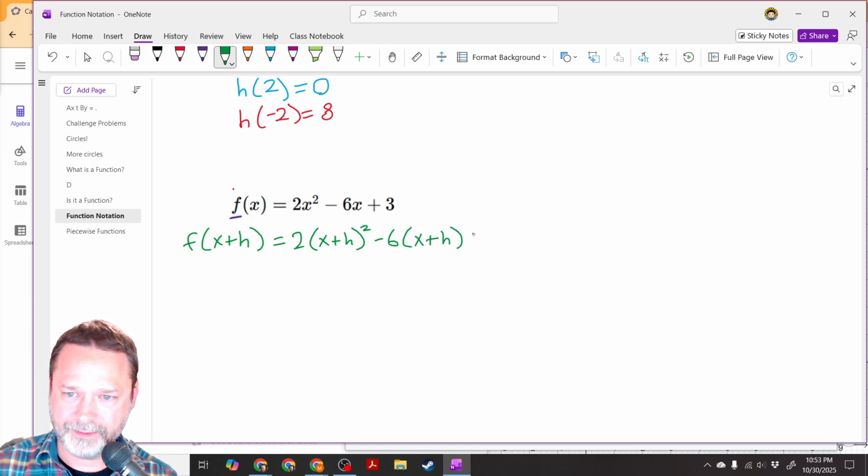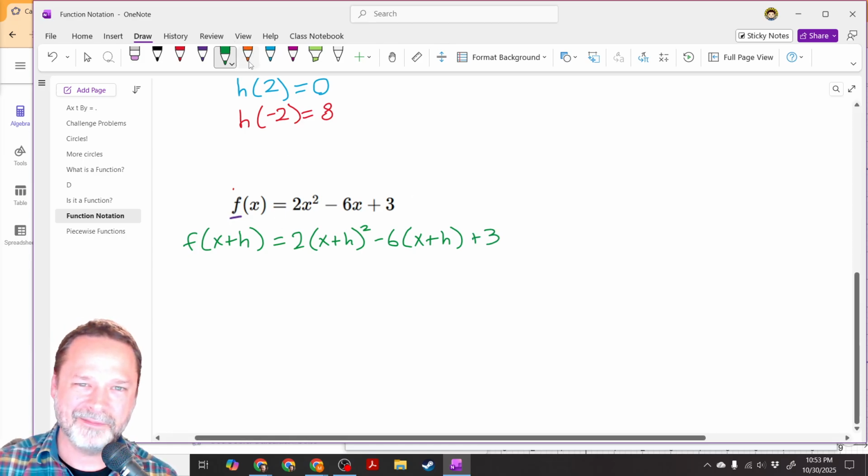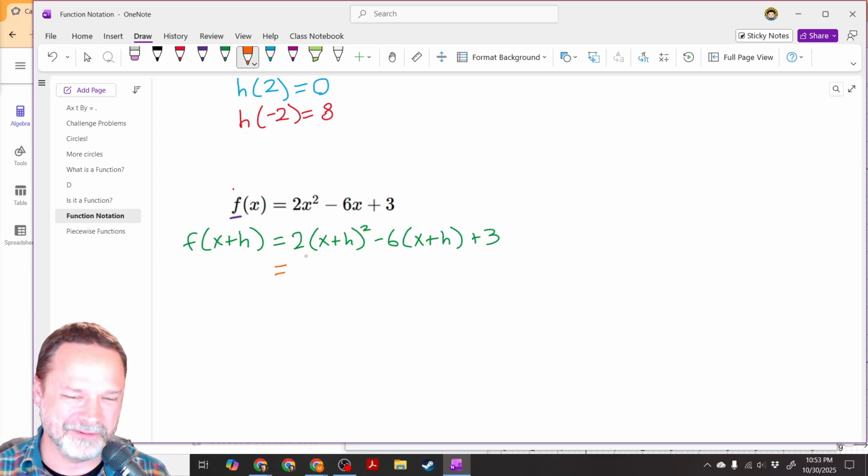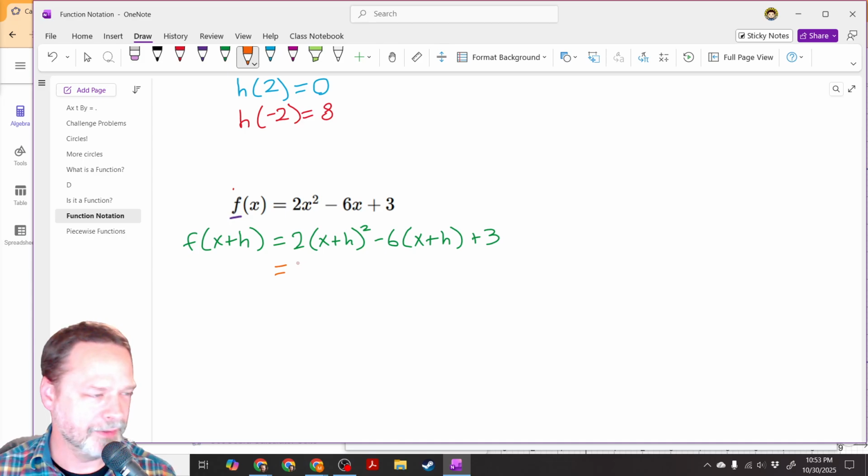And then plus 3. You thought we were complicated enough in Algebra 2? No. Now we can do all sorts of fun things. Wait till we do functions of functions. Well, this is kind of a function of a function. But we can do this with the notation too. It's too much fun.